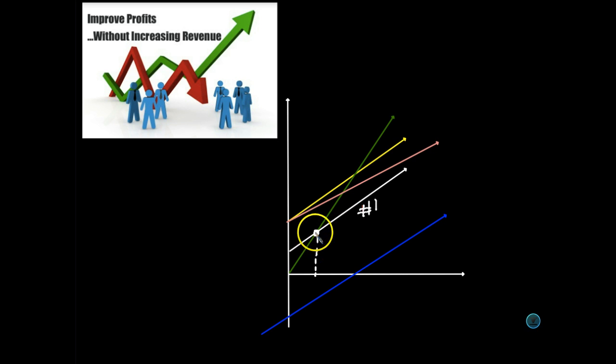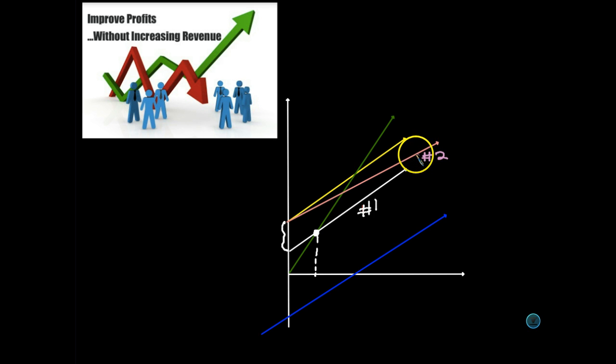So this is one way we can do that, and that would be to change where our fixed costs are. So decrease our fixed costs. Maybe instead of having a space that we rent, we just do it out of our house, for example. The second way would be this pink line, and that would be to decrease the steepness of our cost per unit. So that means decrease what it costs us per unit to produce the product.